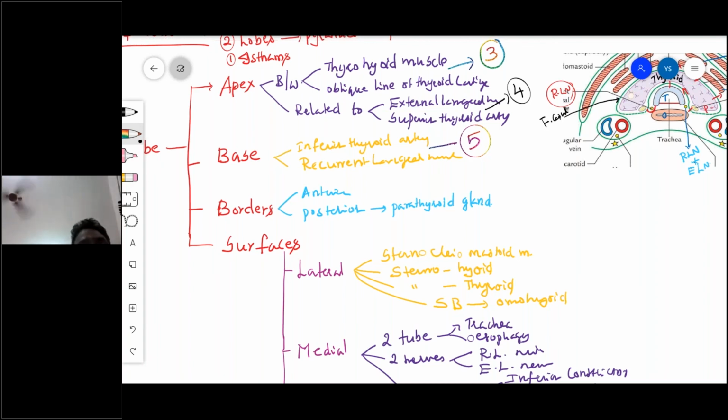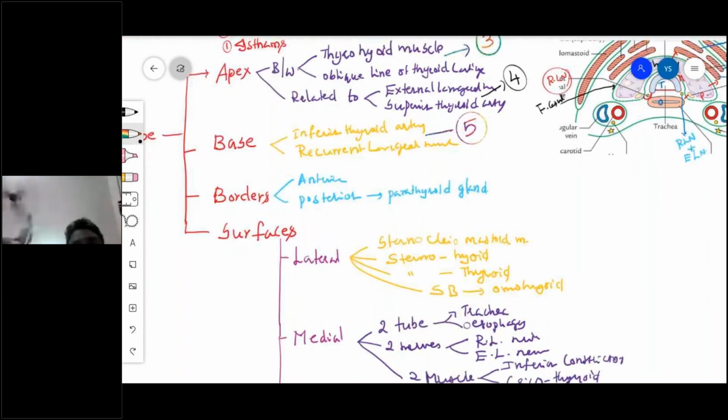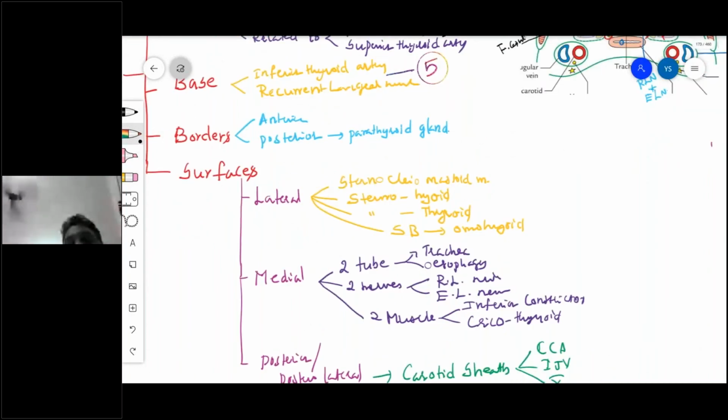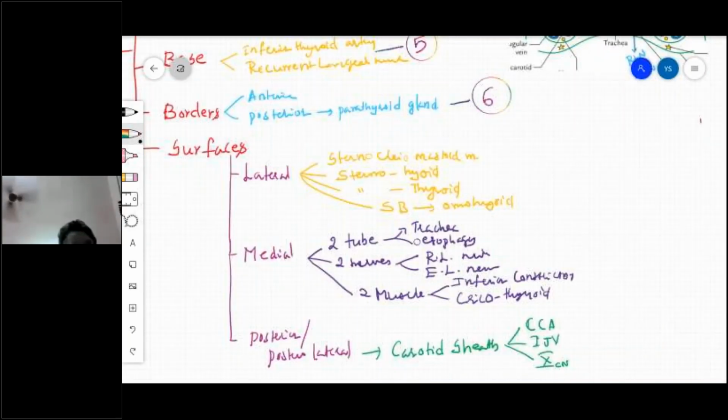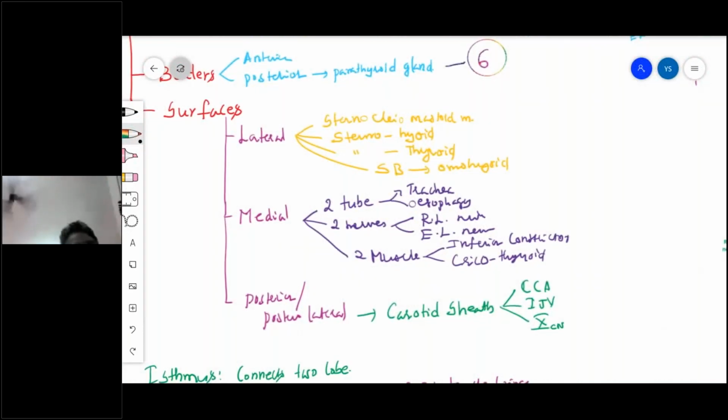And next we come to number 6. During removal of thyroid gland, we retain some posterior part of the thyroid gland because along the posterior border, we can see the parathyroid glands. That's number 6. And now we come to the surfaces. You can see the lateral surface, medial surface, and posterior surface. We have seen the important relations.